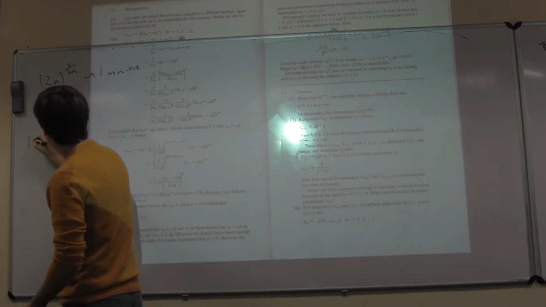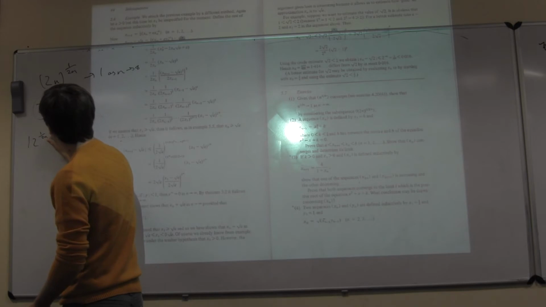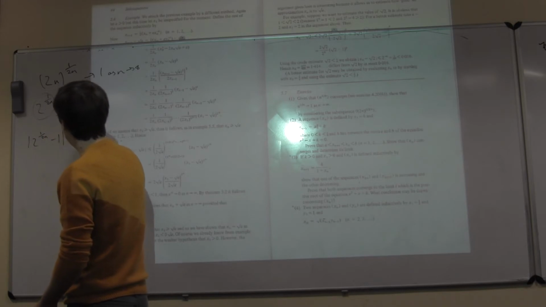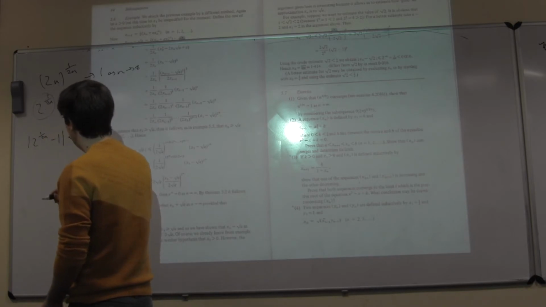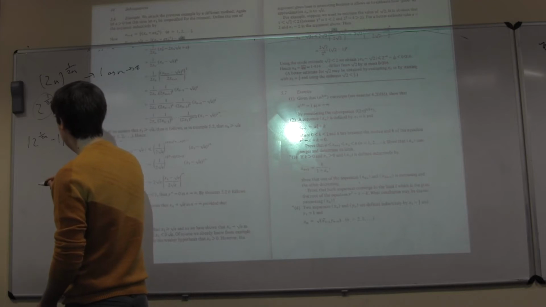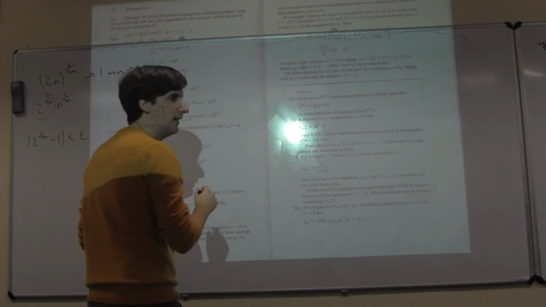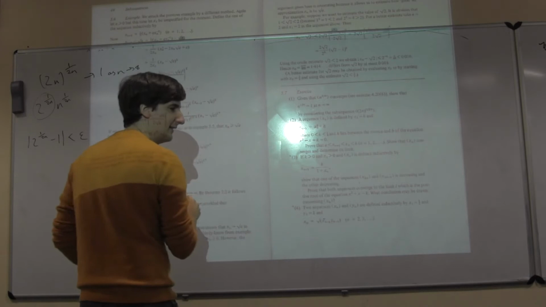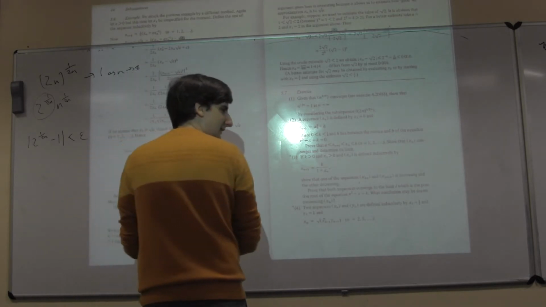Well, we want that 2 to the power of 1 over 2n minus 1 is less than epsilon.